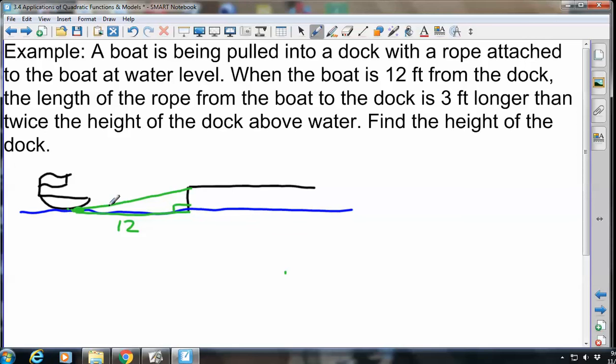The length of the rope from the boat to the dock is 3 feet longer than, what does that mean? Plus, so twice the height of the dock above water. Do I know how tall the dock is? So if that's my x, then this would be 3 plus 2x.